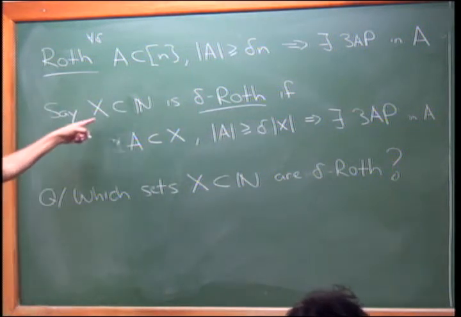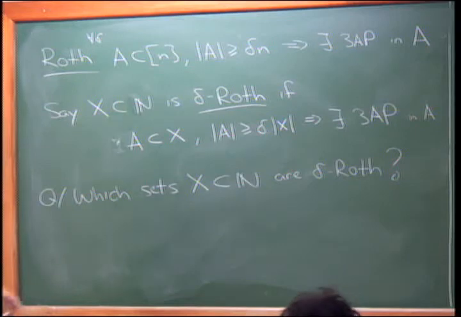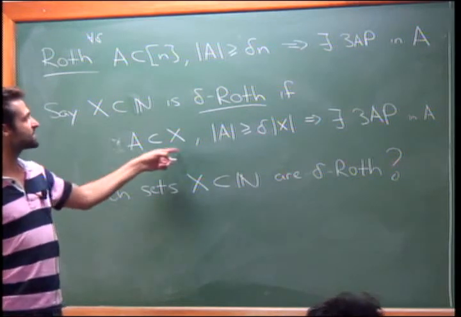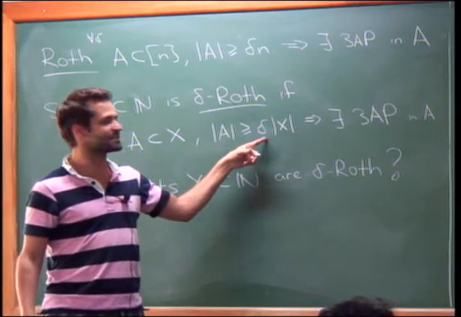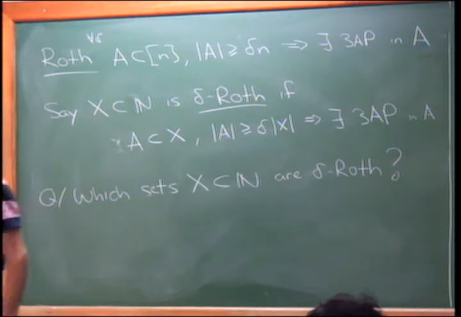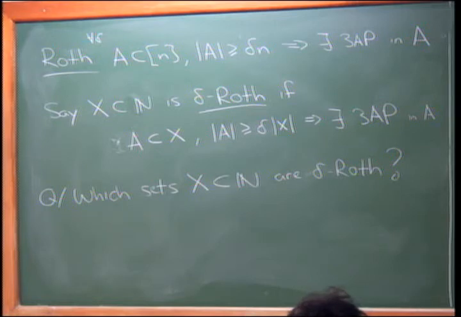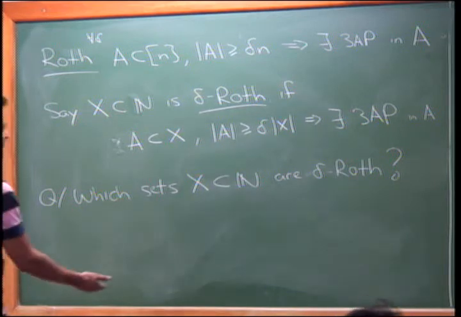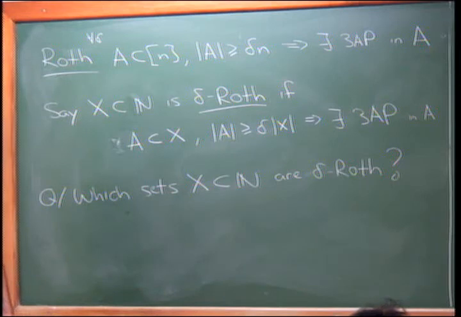We say that a set X is delta Roth if every subset of it with density at least delta contains a 3AP. Roth's theorem says that if X is a sufficiently large interval, then it's delta Roth. So it's a very fundamental question: which sets are delta Roth?